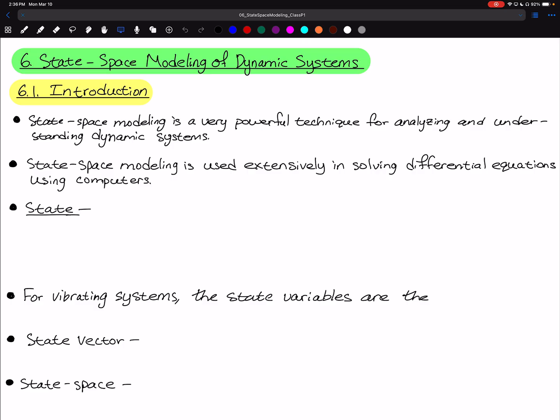Well, when we go to state space, we convert from higher order down to first order, and then we can run those through computers. We're going to go through several different definitions about what a state is, what a state vector is, and what state space is. And then we'll look at what these equations are, put them into matrix form, and then into the block diagram.